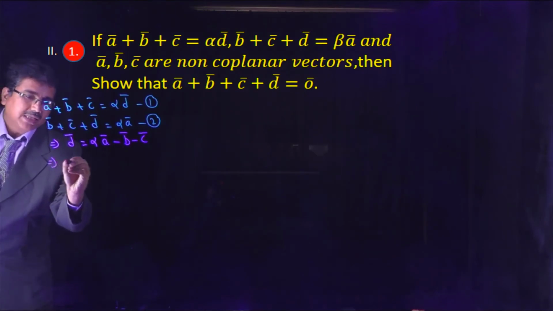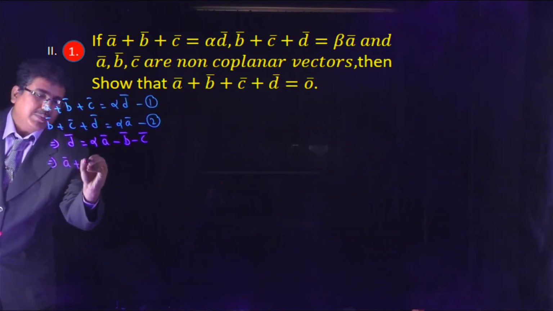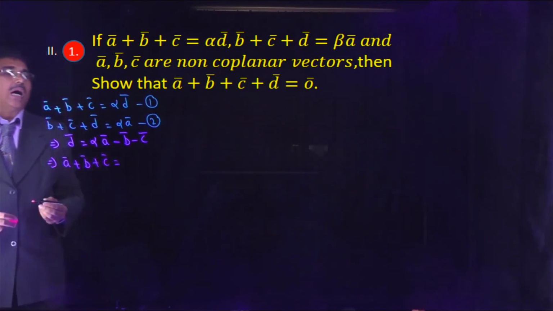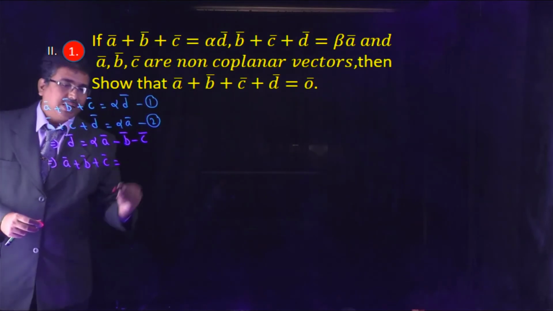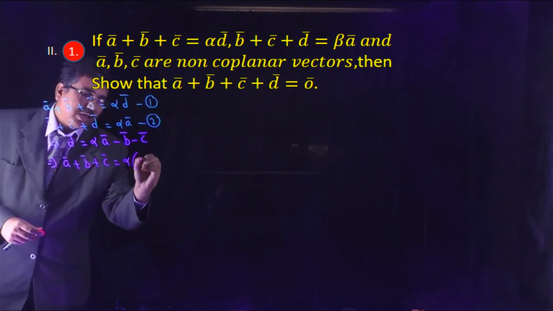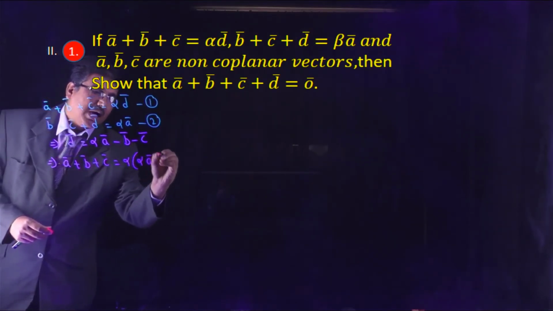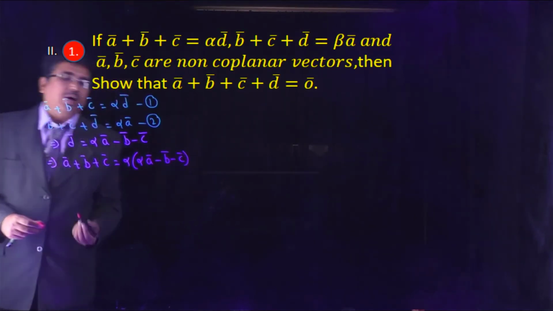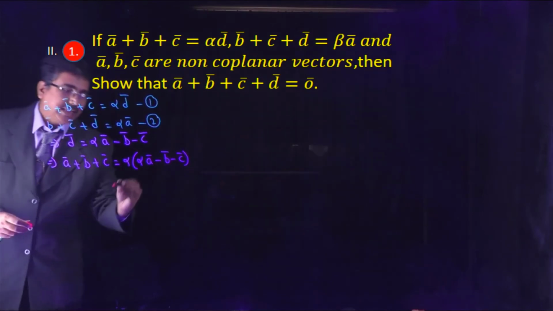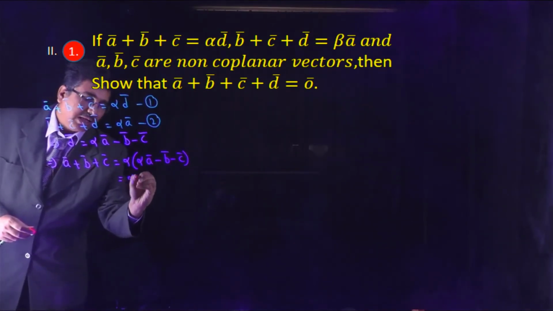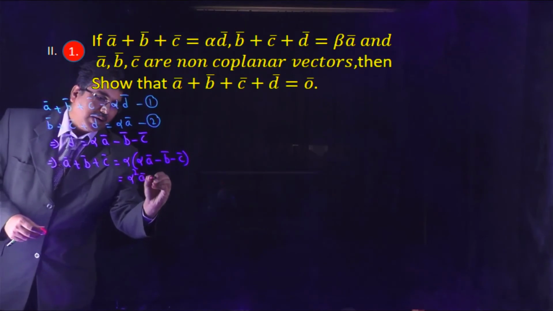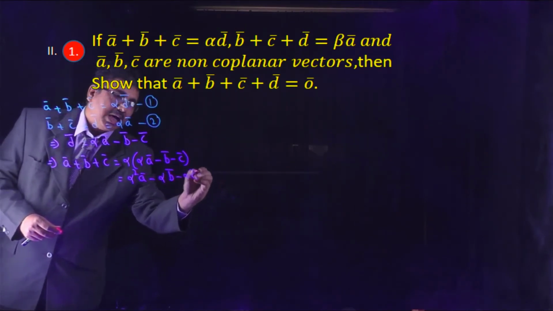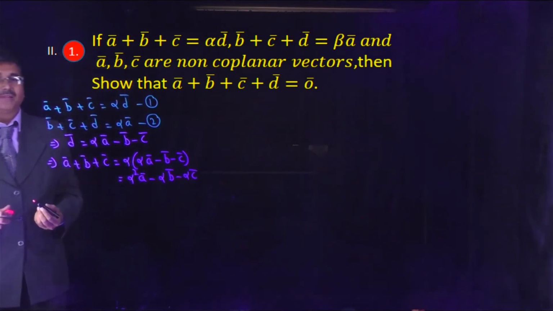That implies a bar plus b bar plus c bar is equal to alpha times d bar, where d bar is alpha a bar minus b bar minus c bar. Now this is equal to alpha square into a bar minus alpha into b bar minus alpha into c bar.